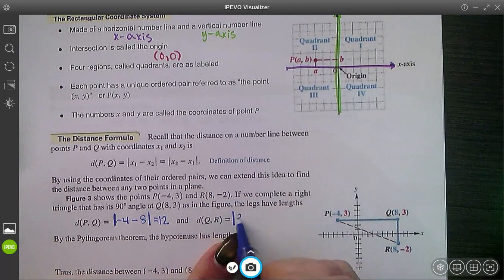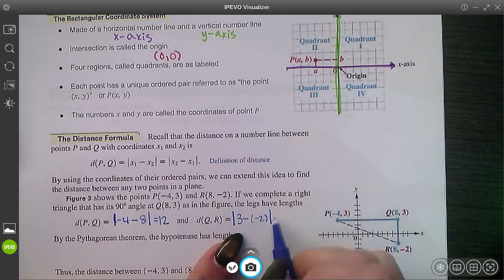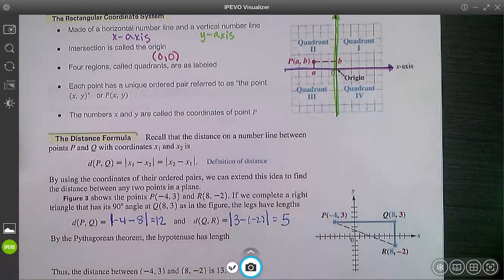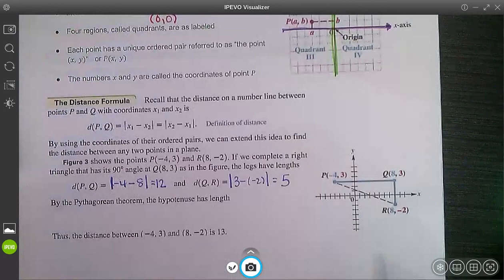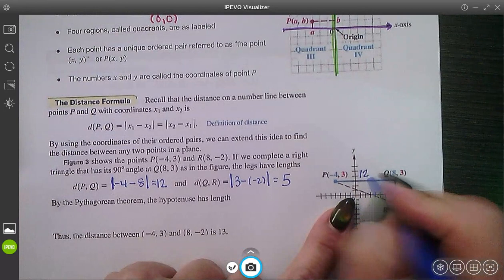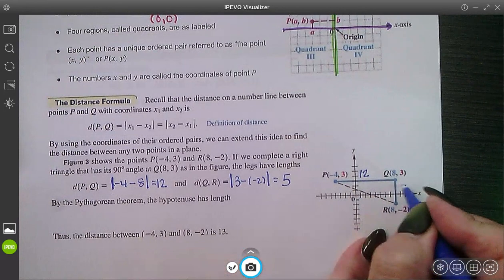So take 3 from point Q minus -2 from point R inside absolute value. That would be the absolute value of 5, which is 5. So now I know that the length of this side of my triangle is 12 units and the length of this side of my triangle is 5 units.